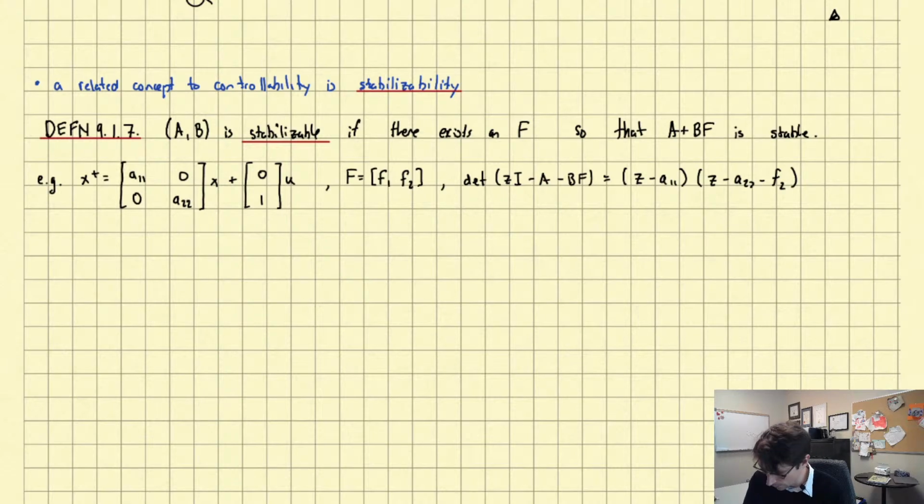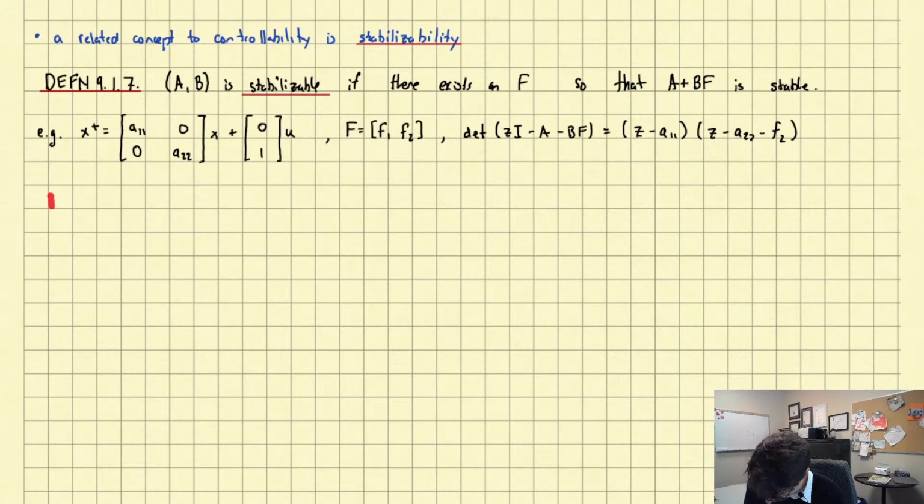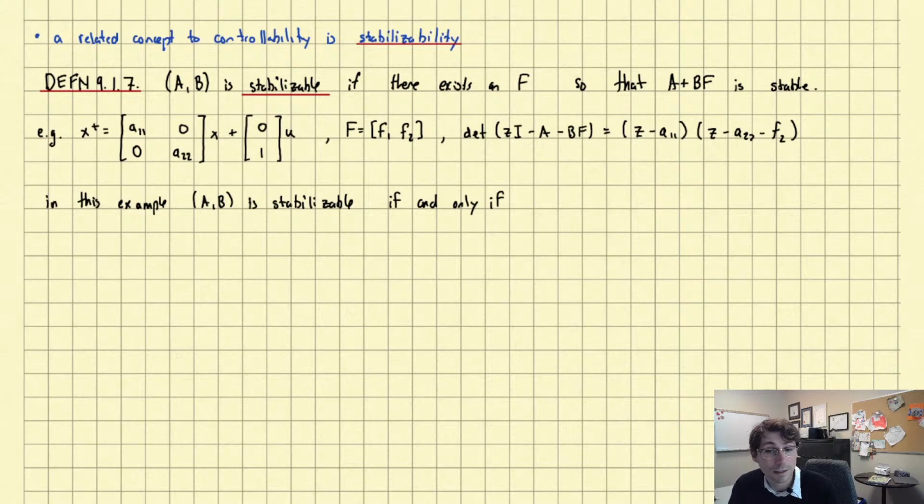And so we have in this example, AB is stabilizable if and only if this eigenvalue that we can't do anything about is already stable.